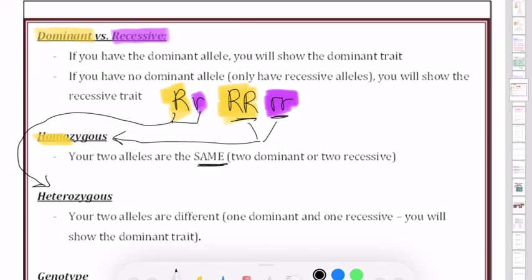Heterozygous means that your two alleles are different, so one dominant and one recessive, and you will show the dominant trait. So even though this one right here is big R, little r, you're going to show whatever the trait is that's big R, because you've got that dominant trait, it's going to mask or overpower that recessive trait, okay?